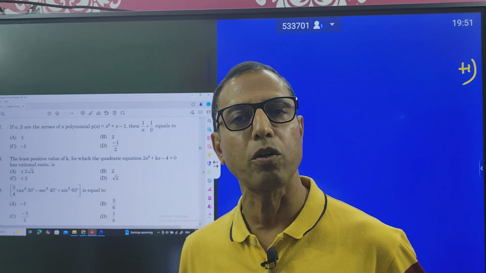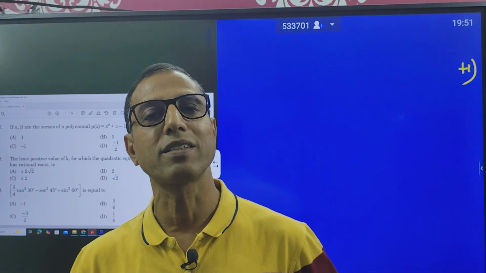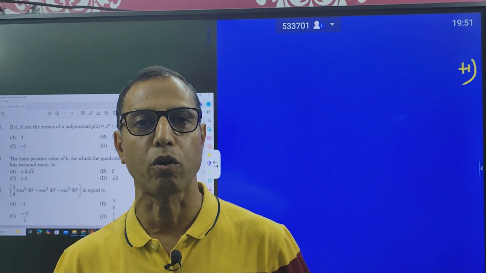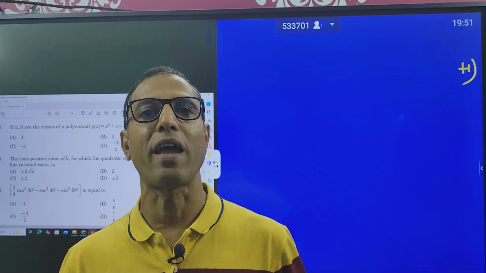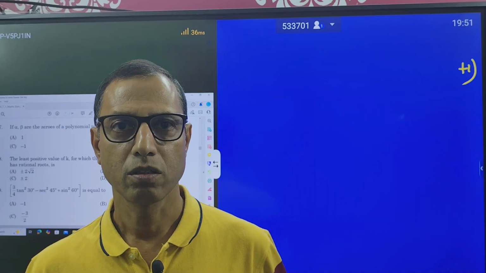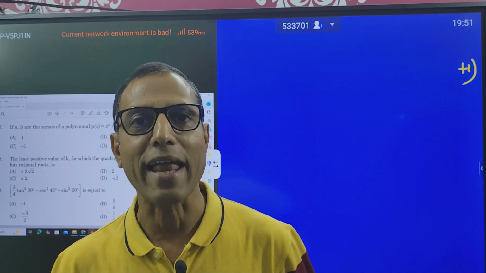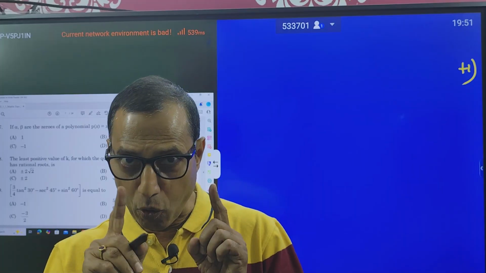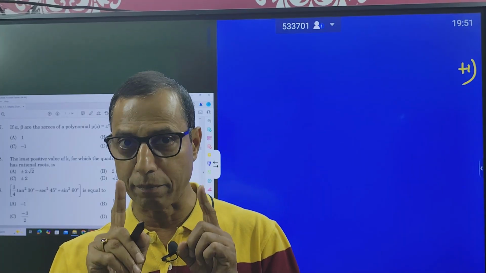What is a zero of a polynomial? Zeros of a polynomial are nothing but the roots of that polynomial, the values for which the value of the polynomial becomes 0. So for which value of the variable the polynomial becomes 0, those are the roots.